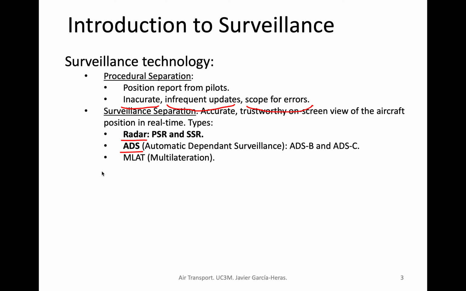ADS-B is a more recent system. ADS stands for Automatic Dependent Surveillance, and there are two systems: ADS-B, B is from broadcast, and ADS-C, C from contract.